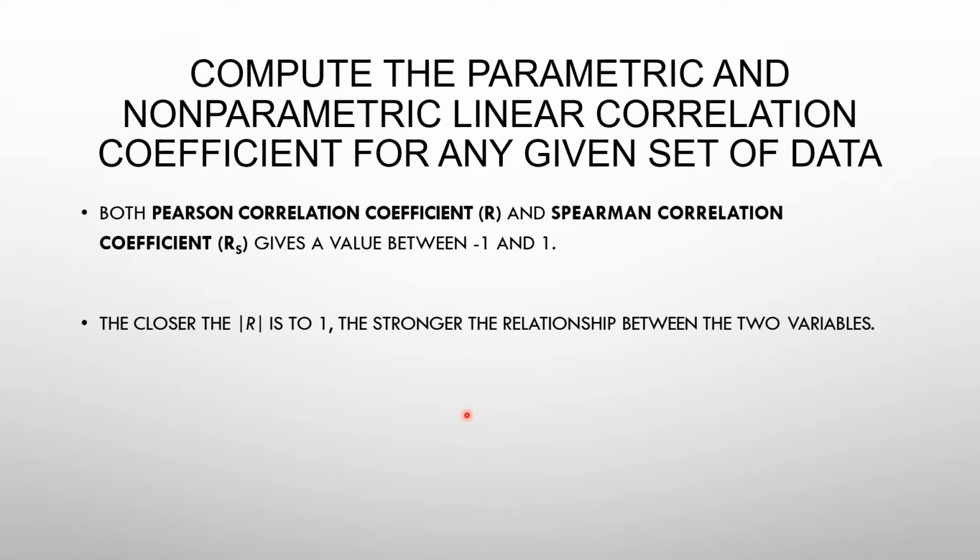It means that if Pearson's correlation or Spearman correlation equals 0, basically it tells you that there's no relationship. If it is closer to -1, the absolute value is still closer to 1, that means there's a negative correlation. X and y are inversely proportional to each other.